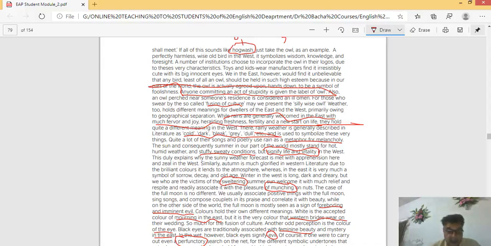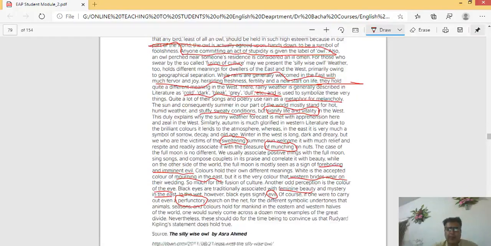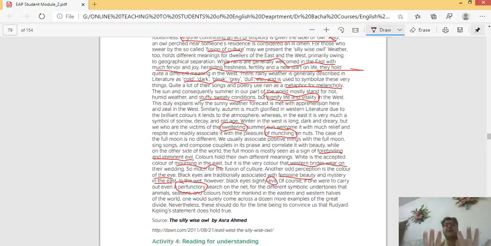But in the west, you see, it is described in literature as cold, dark, bleak, grey, dull, and is used to symbolize these very things. So, my dear, the basic purpose of this paragraph is differences, looking at different things that mean different things in their contexts. In the west, one thing means one thing, and the same thing means something different in the east.